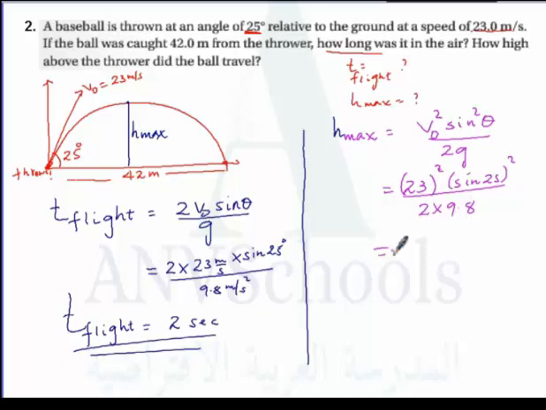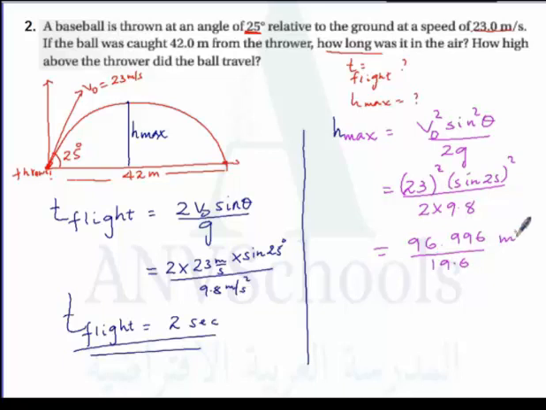So the maximum vertical height above the throwing point is given by sine 25 squared, which is 0.18, multiplied by 23 squared, which gives almost 97, divided by 19.6, in meters.